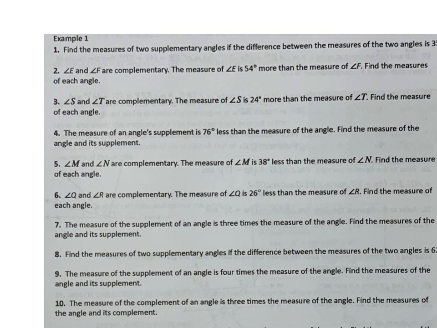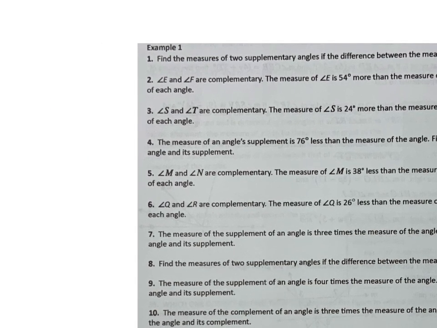Okay, so to begin with, there are my equations that I could look at. I can say angle E plus angle F is equal to 90, and then angle E is equal to angle F plus 54, because it says it's 54 more than.